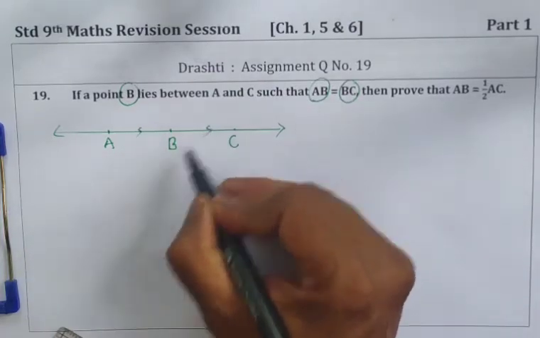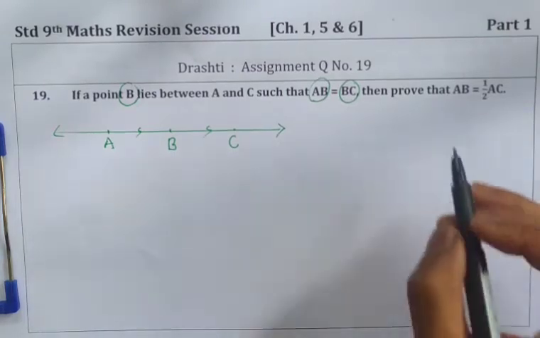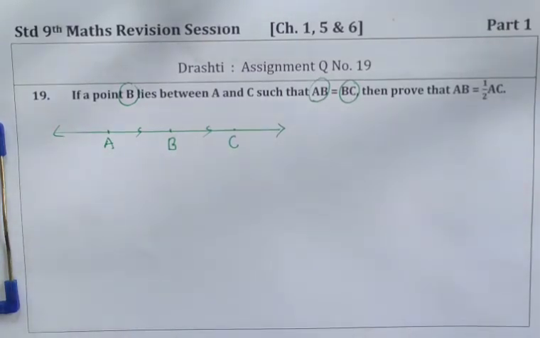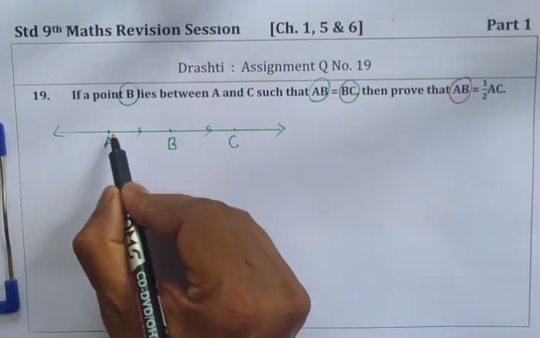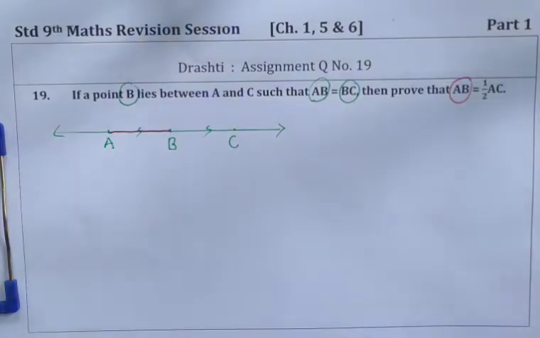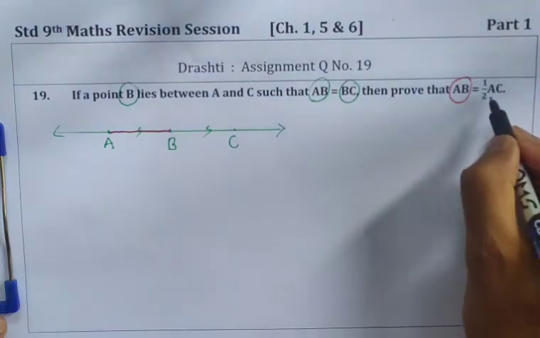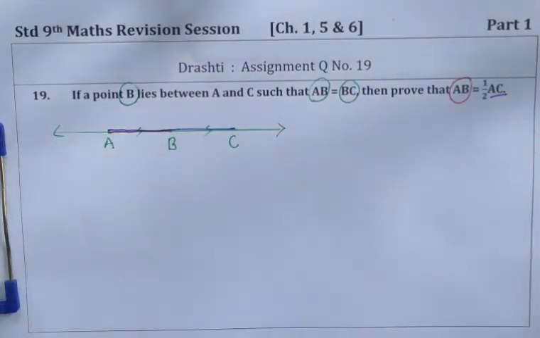So AB is equal to BC. See how I am writing that symbolically. And you have to prove AB is equal to half of AC, that is the whole thing. Correct? Alright. Given and to prove, I am not writing.